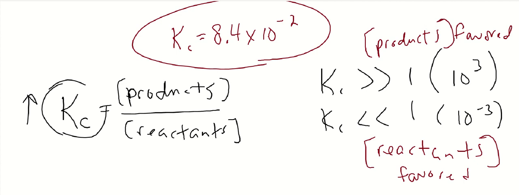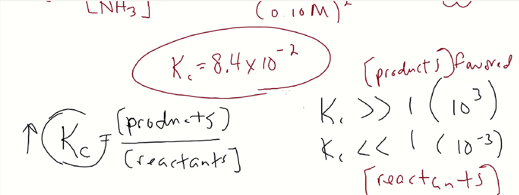Okay, and if it's somewhere in between, then you'll have a good amount of both. All right, it's hard to say, because a lot of times we're squaring and cubing these things, so that's why we're given a lot of room for flexibility here. I hope that conceptually helped.